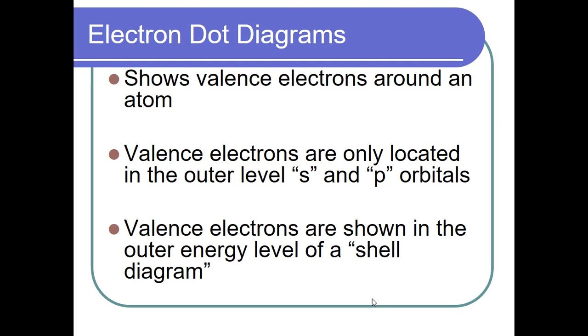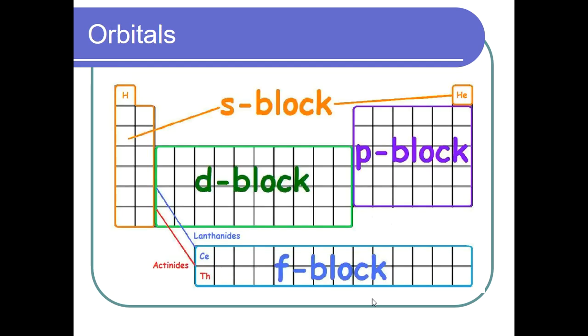Since it's the 3, we're no longer talking about valence because it's not in the outermost energy level. The same goes for the f block as well. The valence electrons are shown in the outer energy level of a shell diagram, so if we were to draw it, they would be on the very outside. Just a reminder where the blocks are, these should be on your periodic table.